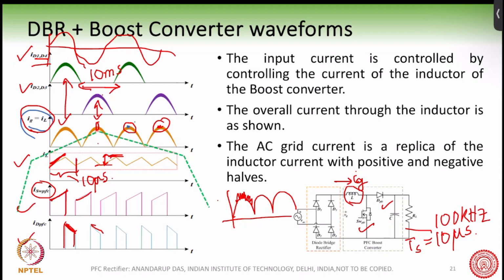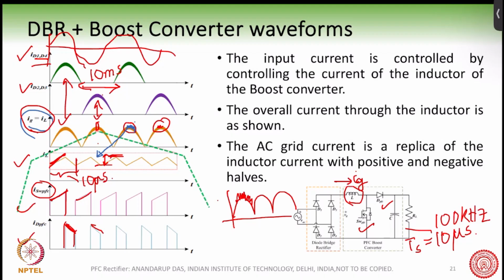This small band of current which we are seeing here is nothing but the switching ripple. Why is this band happening? This has to happen because it is a boost converter, and so the inductor current will rise and fall. That is how this band is caused.